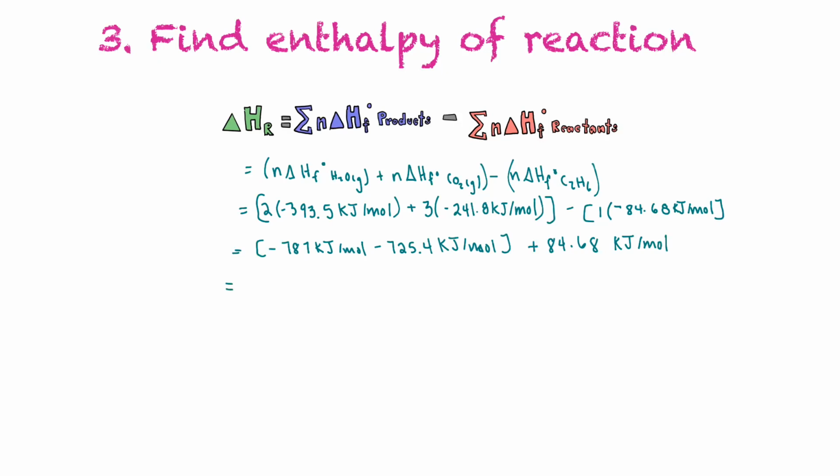That's equal to negative 1512.4 kilojoules per mole plus 84.68 kilojoules per mole. We'll add that. That's equal to negative 1427.72 kilojoules per mole. And that's how you find the enthalpy of reaction using the heats of formation of the products and the reactants.